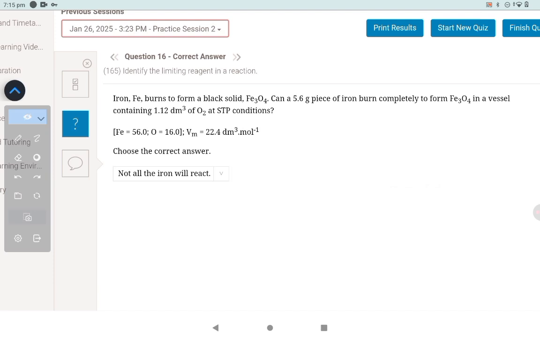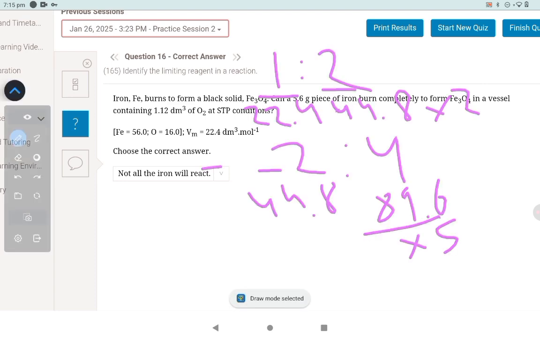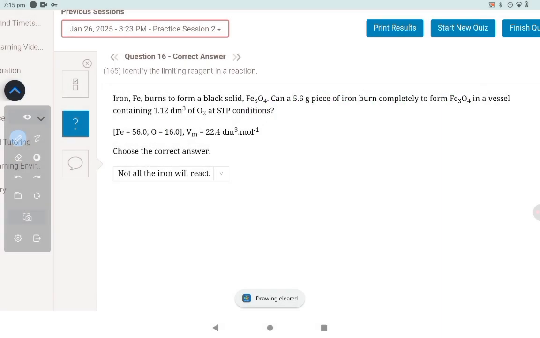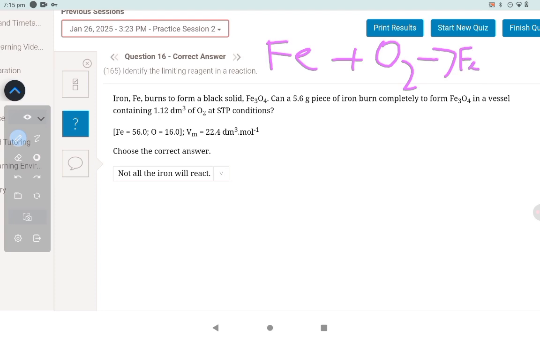Okay, this one is limiting and excess. First off, I'm going to read the question. Iron, Fe, burns to form a black solid, Fe3O4. Can a 5.6 gram piece of iron burn completely to form Fe3O4 in a vessel containing 1.12 decimeter cube of oxygen at STP conditions? So first we write the equation: Fe plus O2 gives us Fe3O4.